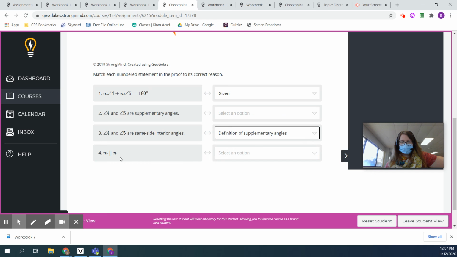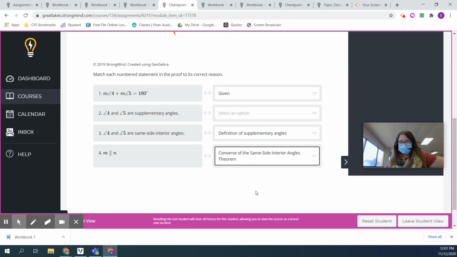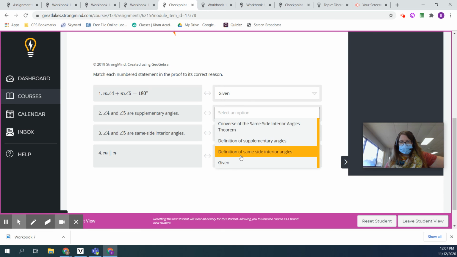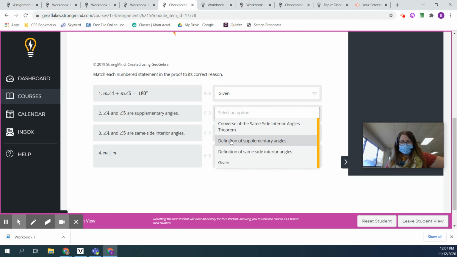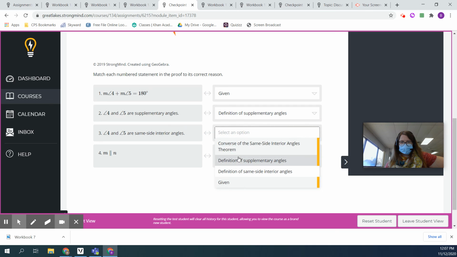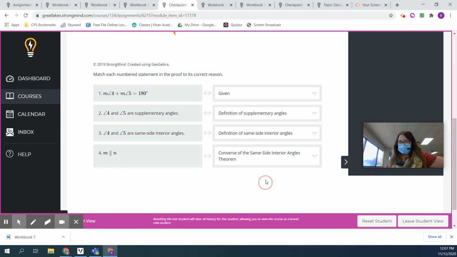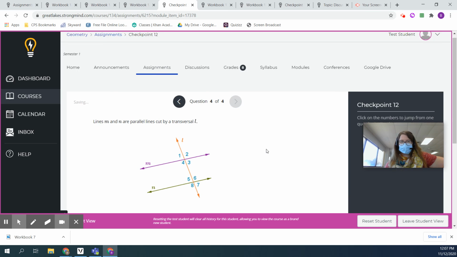Then supplementary. This is a weird one. I don't like this one. And that would be the converse. It is the definition of supplementary angles. Definition of same side. I'm going to go with this. Supplementary, same side interior, same side interior. But this is weird. So which number is that one? 3. I know if it goes wrong, that's where it went wrong.